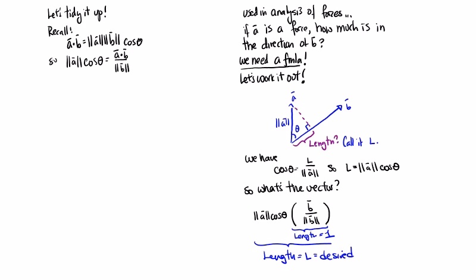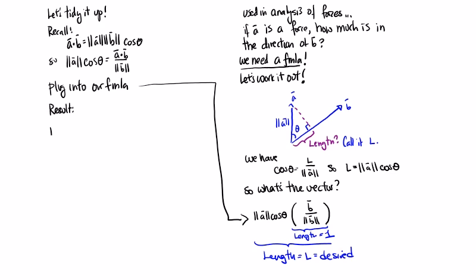So I'm going to take this, plug it into our formula. Here's the result: the projection of A onto B. Taking the formula from the right, the magnitude of A times the cosine of theta, that is A dot B over the magnitude of B, times that big parenthetical thing.